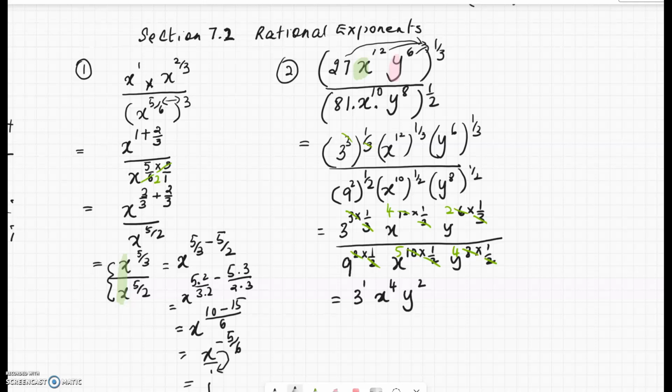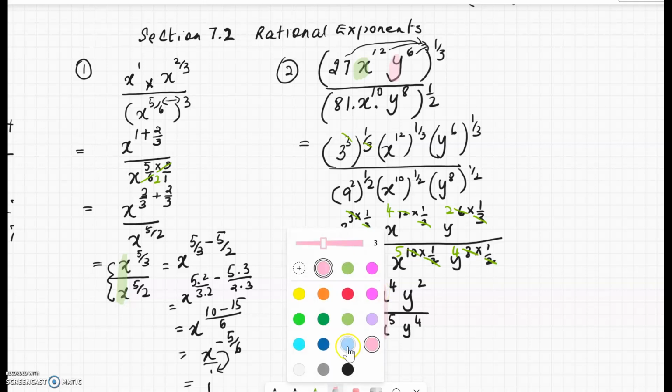3 to the 1, x to the 4th, y to the 2, divided by 9 to the 1, x to the 5th, y to the 4th. And now the last step is combine the x's, combine the y's.